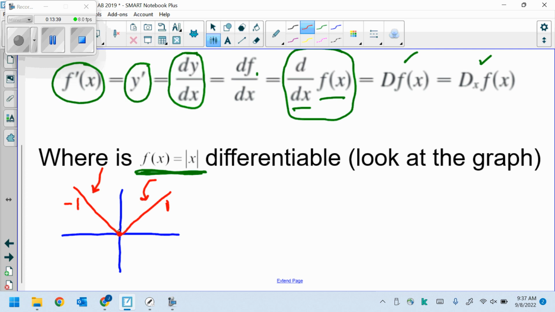This thing doesn't ever level off and have a level part to it. And it's not -1 and it's not 1 because it's transitioning from one to the other. So where is this differentiable? I think from -infinity all the way up to 0, but let's not include 0 because we can't find the derivative there. And then starting just the other side of 0 and going all the way to infinity, we know the derivative is 1. So these are the intervals where that absolute value function is differentiable.